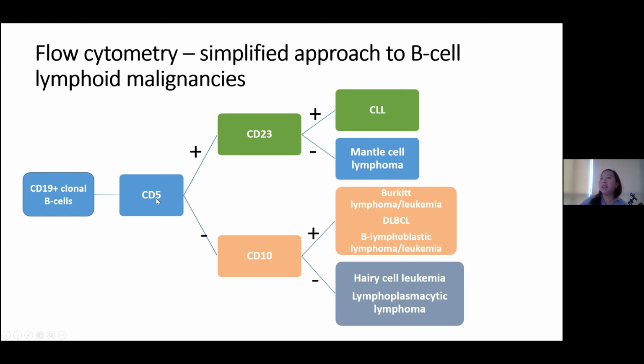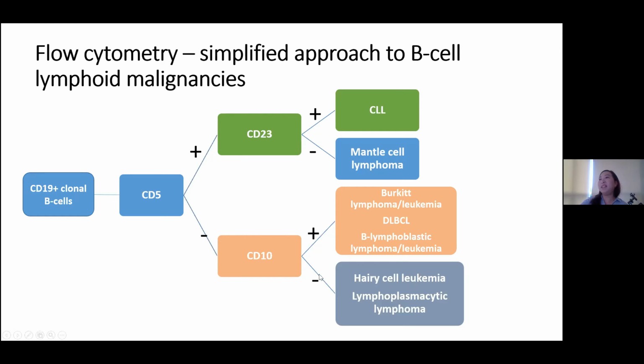And if it doesn't express CD5, the next thing you ask is whether it expresses CD10. If it expresses CD10, the differential includes Burkitt lymphoma leukemia, DLBCL, and this more immature form of B-cell lymphoid malignancies, your B-ALL, B-cell lymphoblastic leukemia lymphoma, which also expresses CD10.